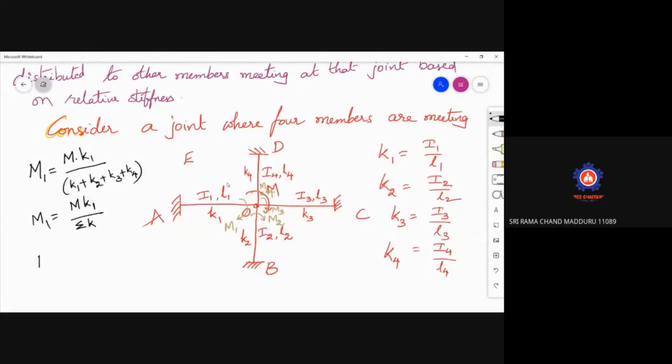Similarly for another member, M2, it will be written as moment applied at the joint multiplied with relative stiffness of the member, by sigma K. I am writing this for OB.